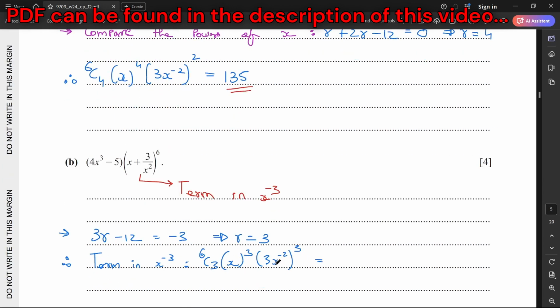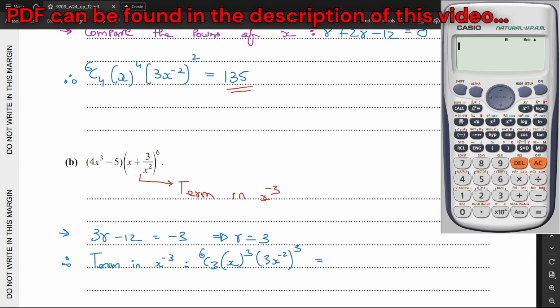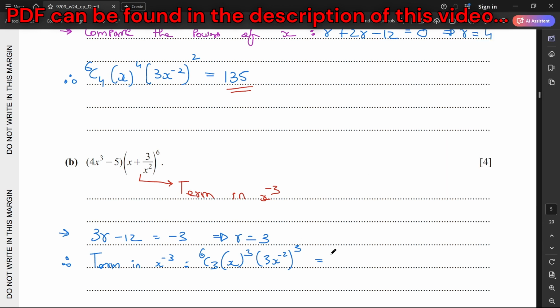And now I again need to take out my calci and get this done. 63 into 3 cube is 27. So I got 540. So 540 into x cube into x power of minus 6. So that is going to be minus 6 plus 3 is minus 3. So that's going to give me x power of negative 3.